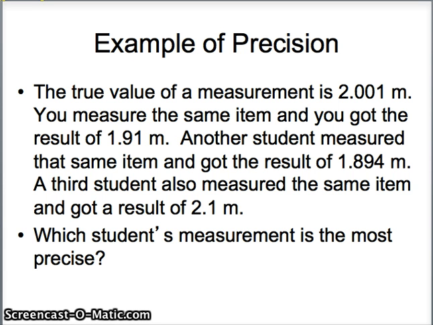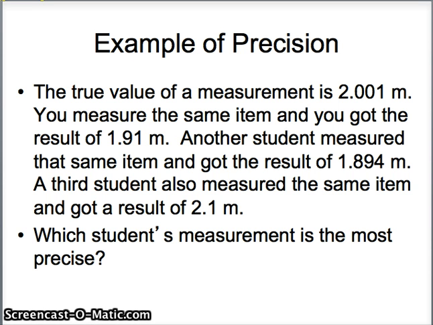If you guessed that you were also more precise, you would be wrong. In fact, the more precise something is, the more digits the measurement can be carried out. So 1.894 meters is the more precise measurement. A measurement could be more precise but less accurate. That's a conundrum, and it's kind of confusing.